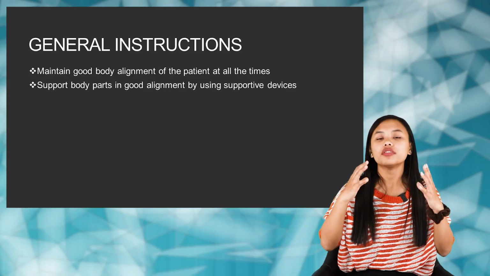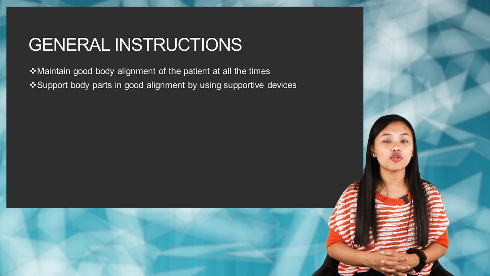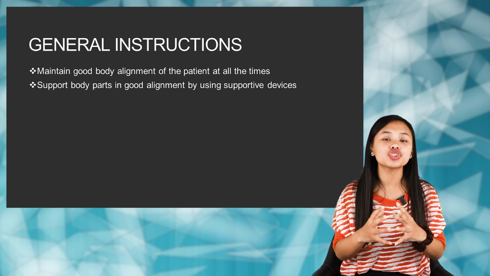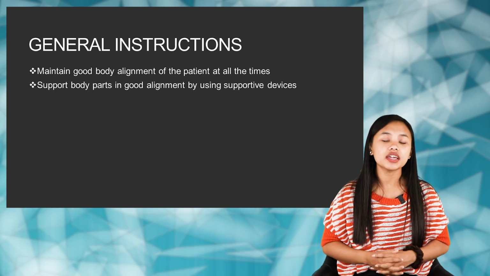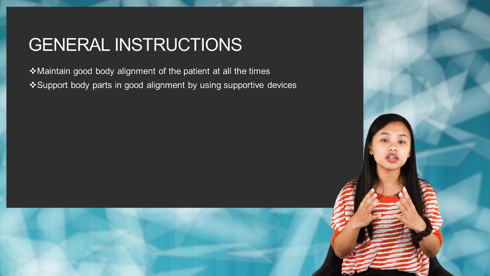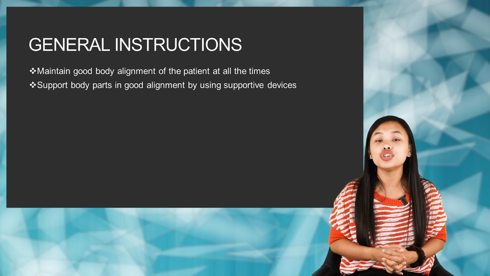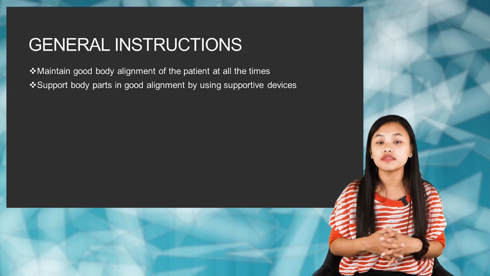Now moving on to the general instructions. What are the various things that a nurse must keep in mind before telling the client to take the required position? The first is to maintain good body alignment of the patient at all times. The second is to support the body parts in good alignment by the use of various comfort devices.